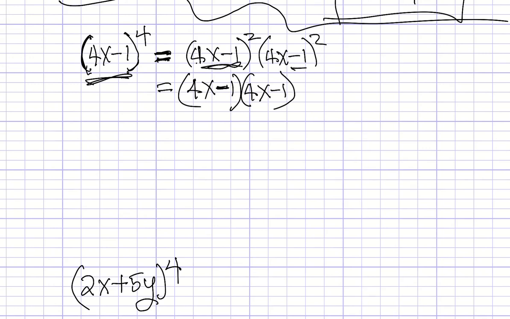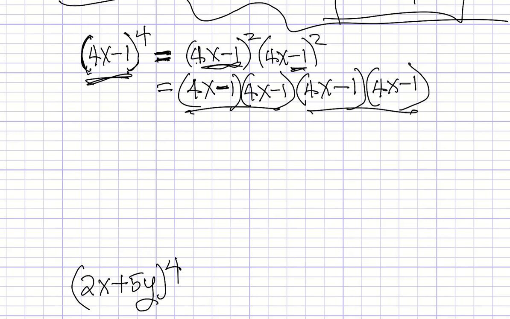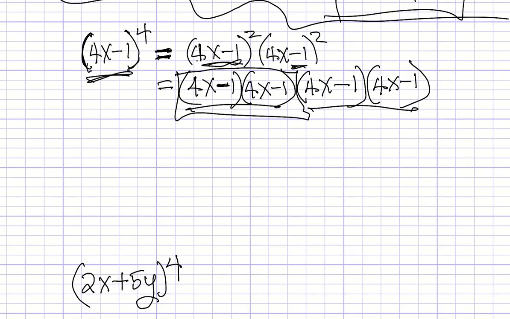And then what of this one? Then we can write 4x minus 1 times 4x minus 1. You see? Whatever we do here, we repeat there. So we'll do this one, and then whatever we got here, we'll substitute to this one. So let's break it into 2 parts. We'll do this part first.